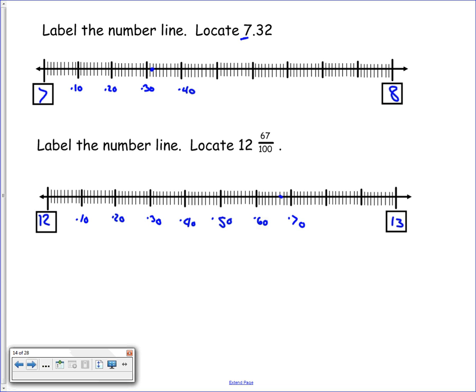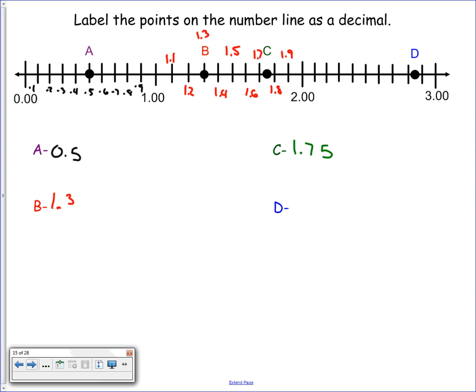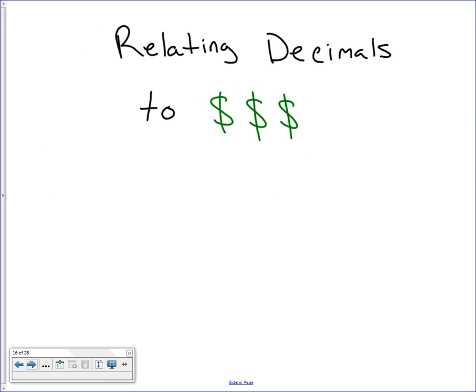And that's probably about halfway between them. And D is going to be between 2.8 and 2.9, which means it's going to be 2.85. Okay, and let's see if that's our last one. Yep, that's it.